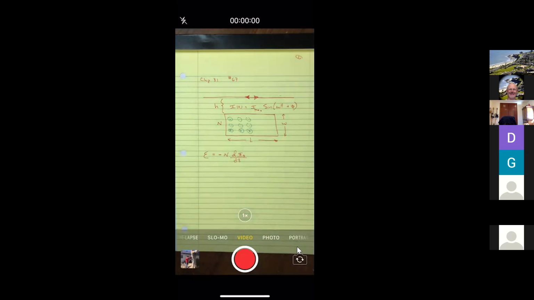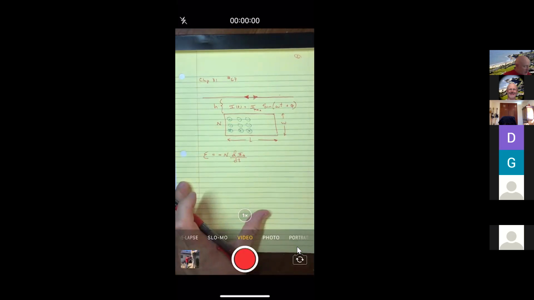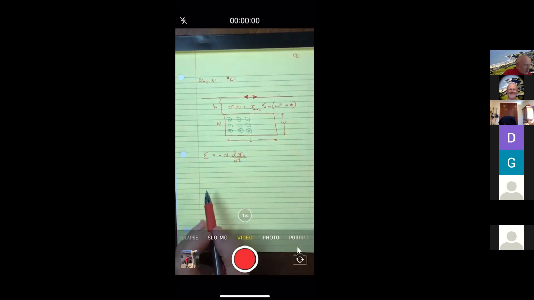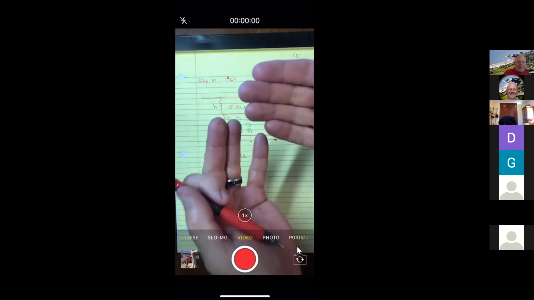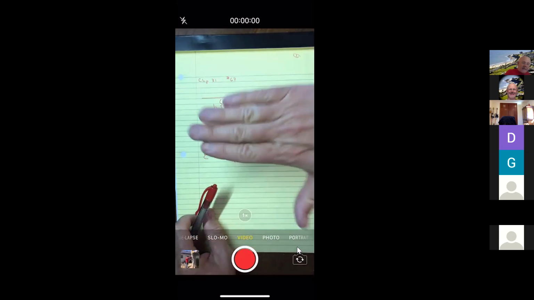Those are different moments in time. Let me take off my sweatshirt. I stood up to get my right hand across here and realized I was getting kind of warm. Okay. So the flux, though, is either coming out of the page or a moment later it's going into the page.